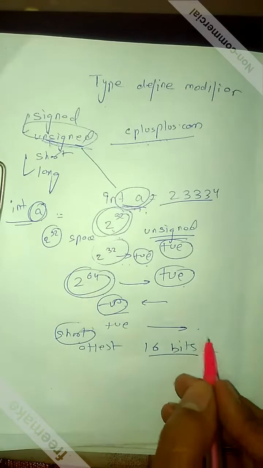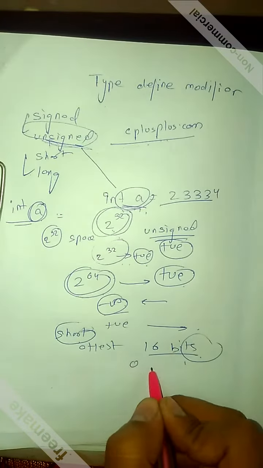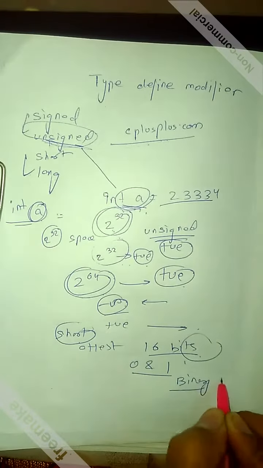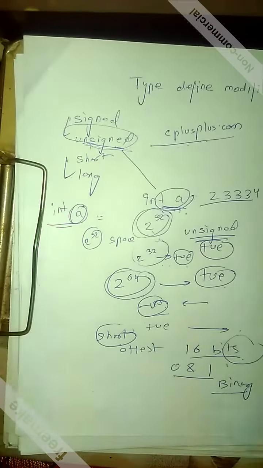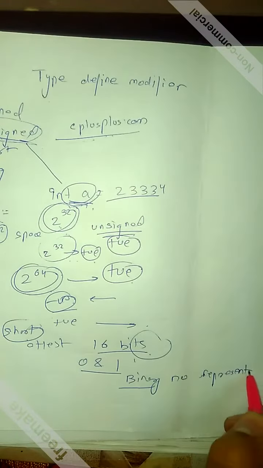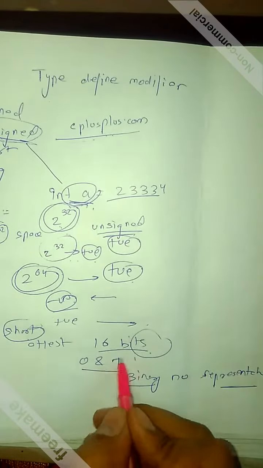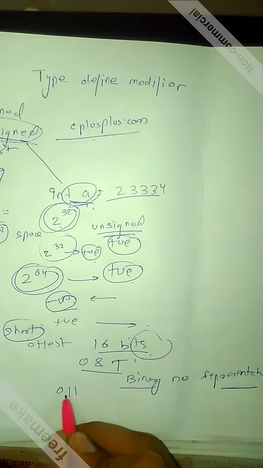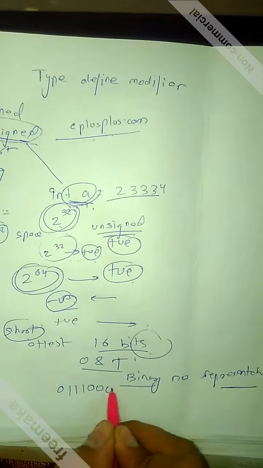Now, what is 16 bits? I told you that we have 0 and 1 as the binary number representation, right? Bits are basically a collection of these binary digits, like 1 0 0 1 1 1 0 0 0.